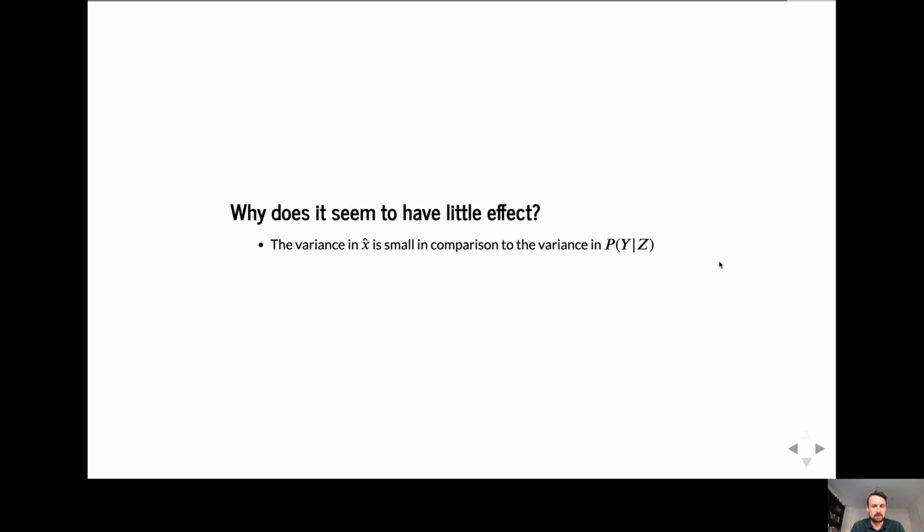So as said, why does this seem to have little effect? The variance in x hat is small in comparison to the variance in the conversion probability. I think it will be a very interesting thing to discuss during our Q&A what your approach will be for incorporating the variance of the first stage into the estimation.